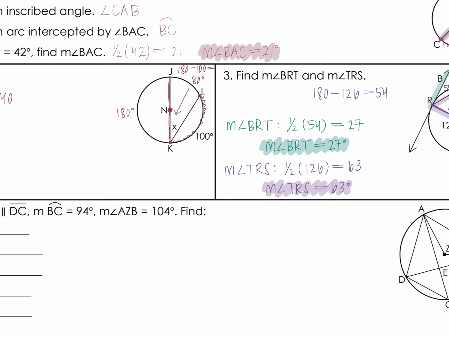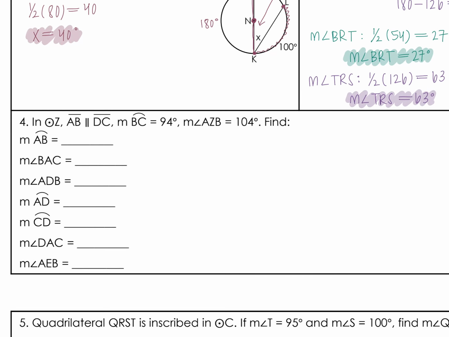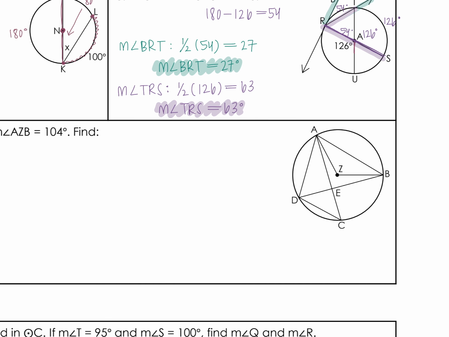Okay, so let's move into number 4. Okay, number 4 does have quite a bit to it. So in circle Z, we are given that segment AB is parallel to segment DC. Okay, so I'm going to start off with marking that.